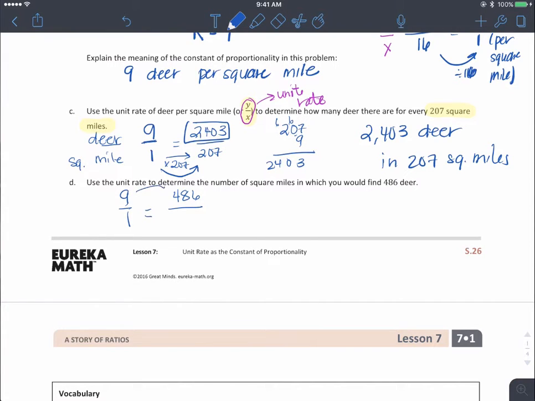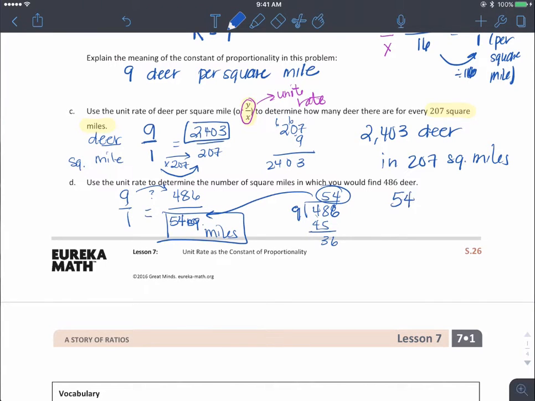We need to figure out how do we get there. So 486 divided by 9. We're going to take 54, and that goes here. And our unit is square miles. So that's our answer. So 54 square miles.